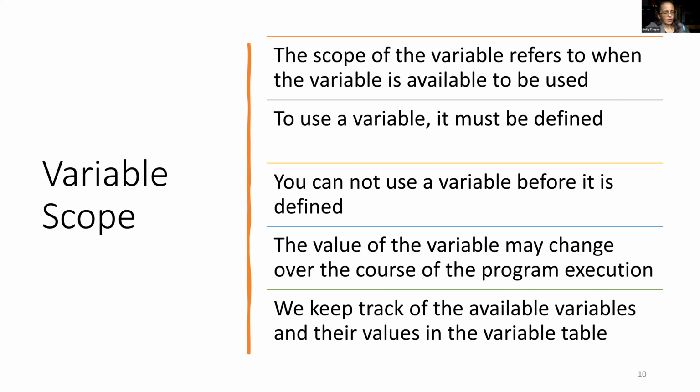You really want to have that ability to assign a value to a variable, and then you do something, and then you can update the value of that variable to reflect those changes, like keep adding as you do a running total. The value of the variable may change, and we keep track of the available variables and their values in the variable table.